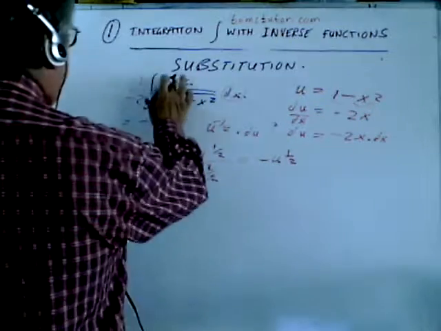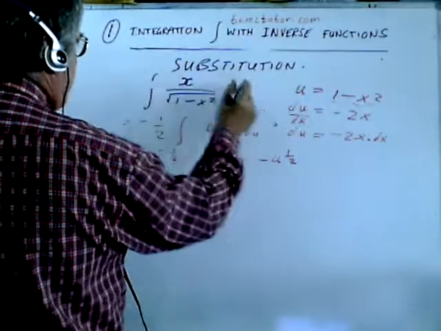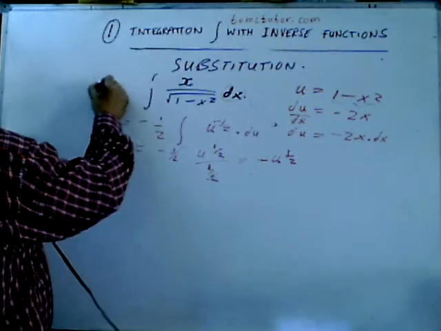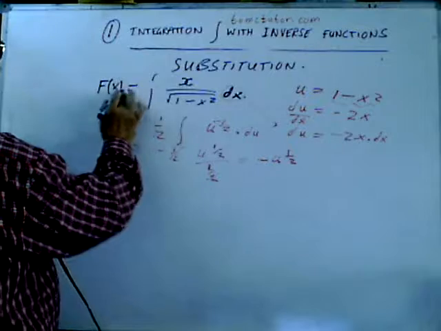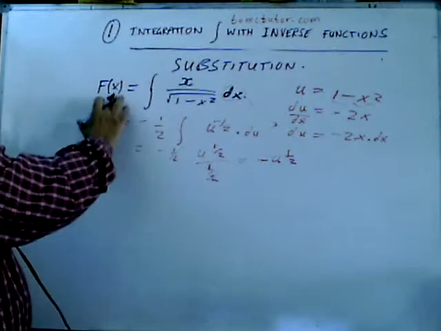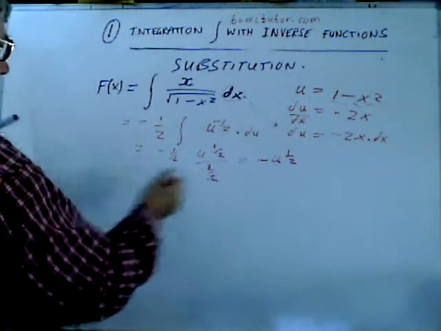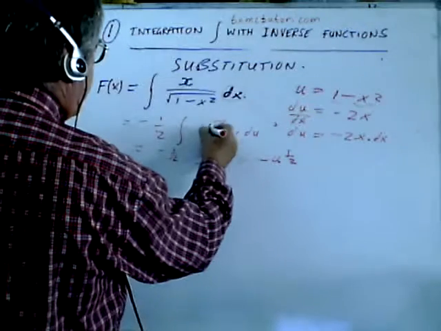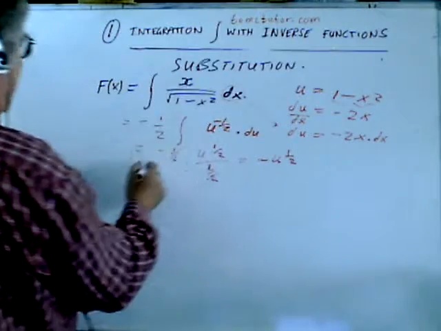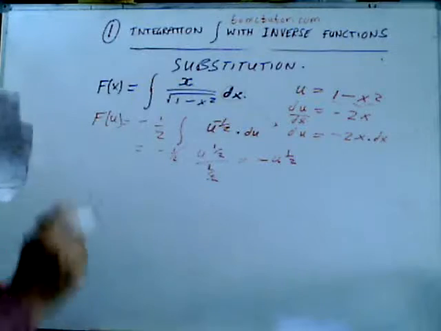This integral in terms of x, which is the original problem, you should really call f of x to indicate that it's an integral with variable x, and this other one, u to the minus a half du with a constant in front of it, we should write as f of u.